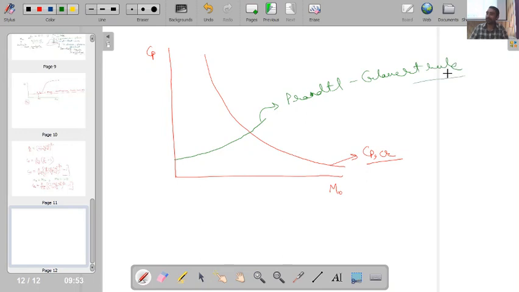The point where these two are intersecting will be nothing but my critical Mach number, because this is the equation of critical flow and this is the situation of actual subsonic flow. So where these two intersect, that will be the point.